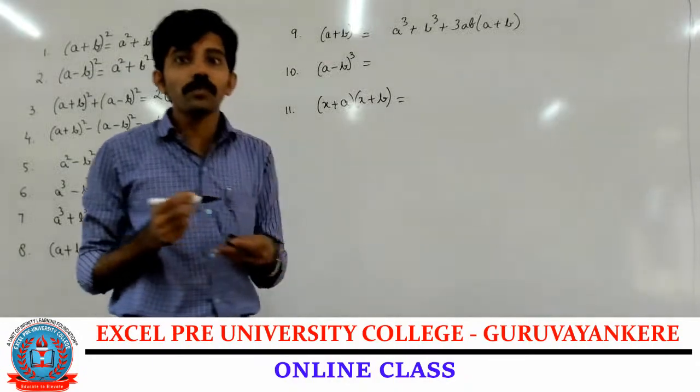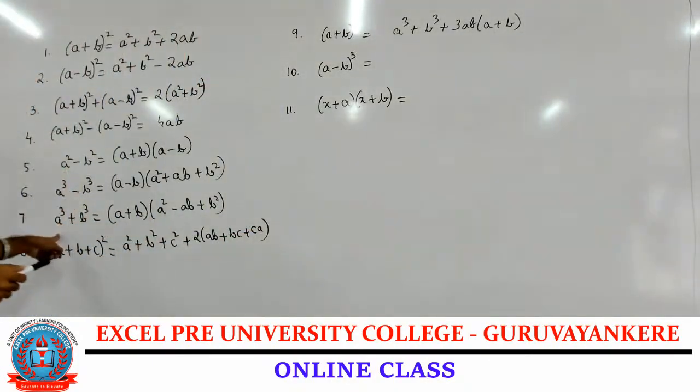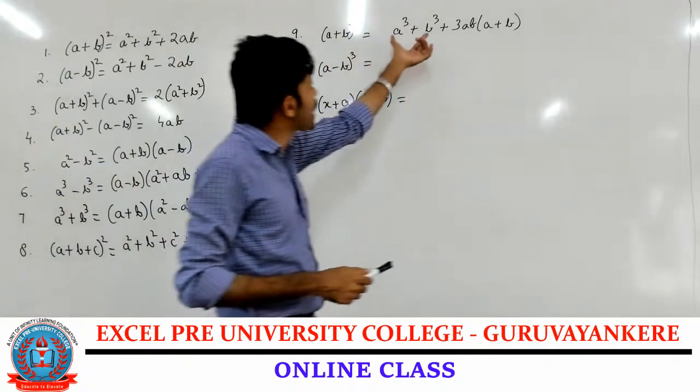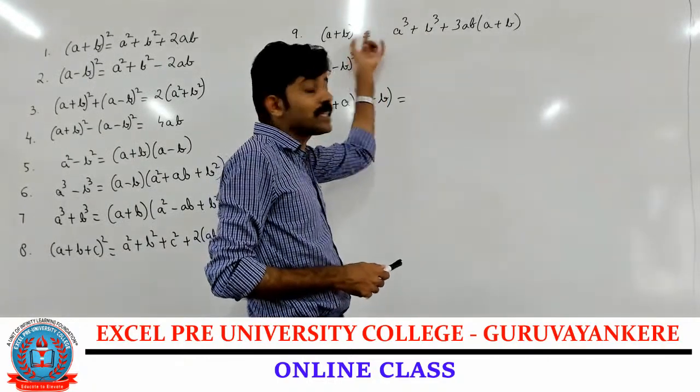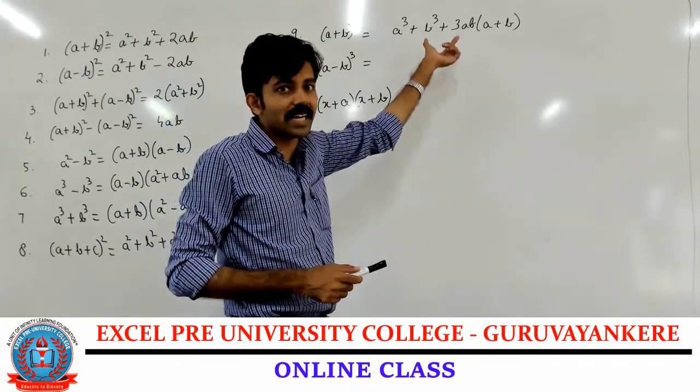From this, a cube plus b cube can be extracted. Already we have one formula for a cube plus b cube, correct? This is a product of two factors. Further I can write a cube plus b cube as (a plus b) the whole cube minus 3ab into (a plus b). Another way of writing a cube plus b cube.